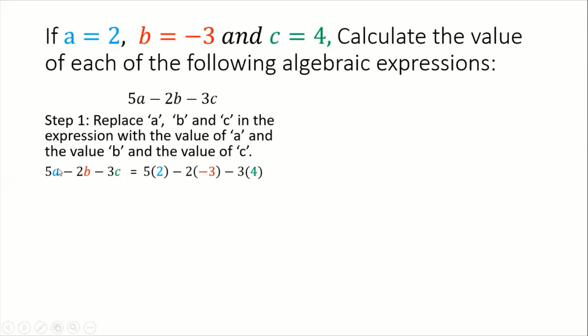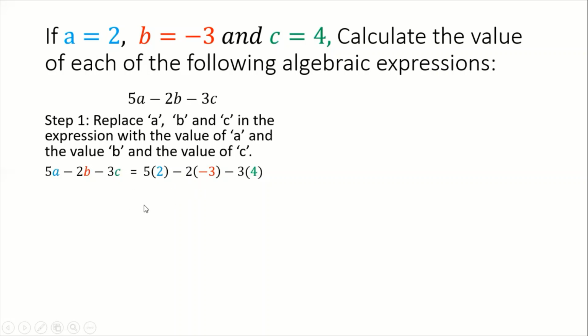So instead of putting back A, you put the value of A, which is 2, minus 2 times B. But instead of writing back B, you put the value of B, which is -3, minus 3 times C. But instead of putting back the letter C, you replace it with the value of C, which is 4 in this case. As you can see there.